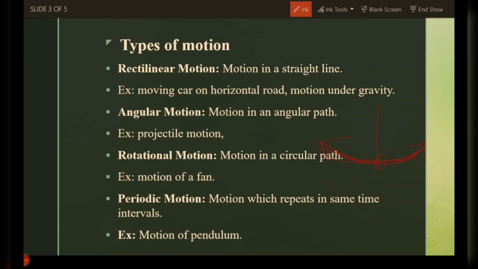This is called periodic motion. Another example is a cradle. Have you seen the cradle? The motion of the cradle is also an example of periodic motion. These are the types of motion: rectilinear motion, angular motion, rotational motion, periodic motion.